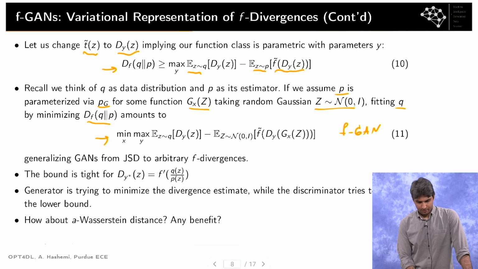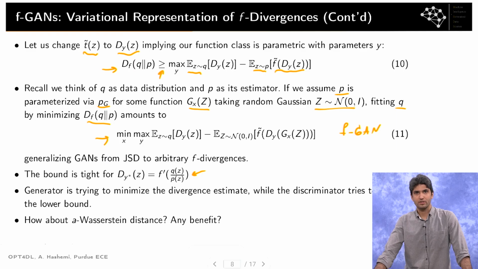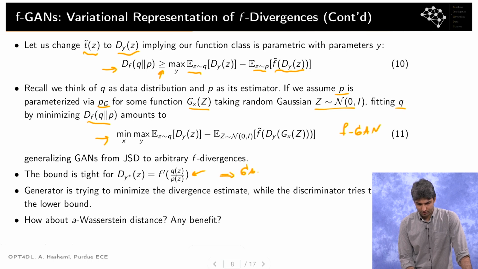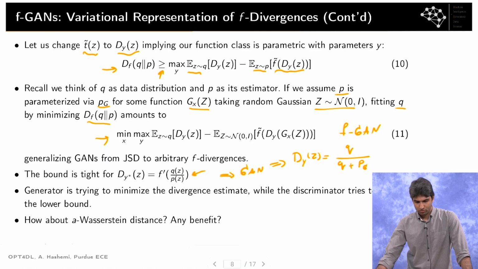So one side note for you is as follows: you can show that this lower bound that we have here is going to be tight when you set the discriminator to be the derivative of f evaluated at the ratio between Q and P. And for the GAN that we talked about previously, this will be the ratio of Q over Q plus PG.